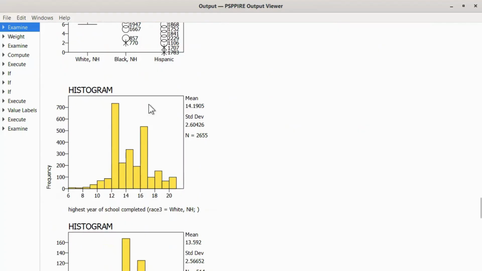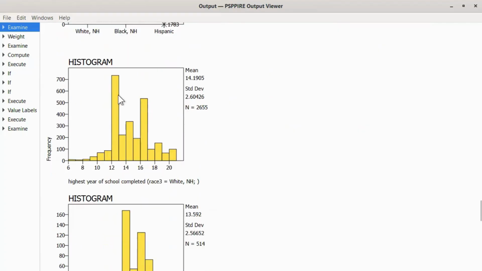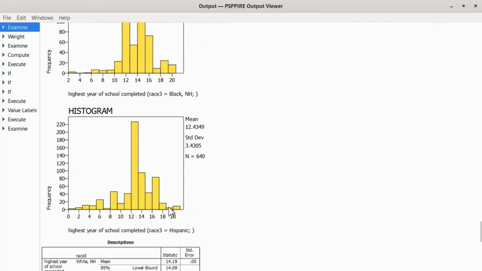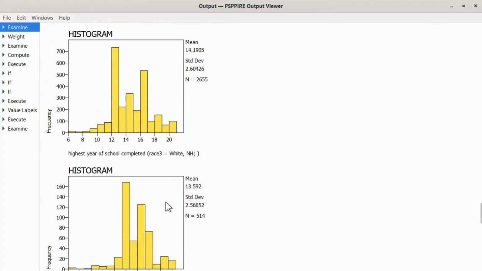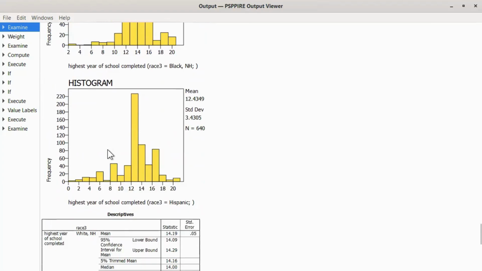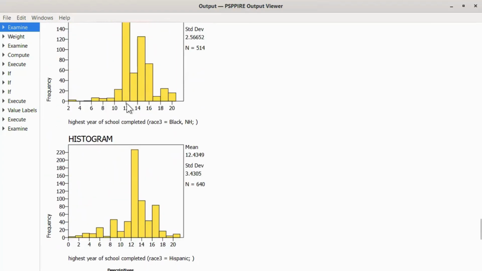Then we scroll down, and here are the histograms for white, black, and Hispanic. And if you notice, it's hard because the x-axis, they're not on the same scale. See, this one ends at 6, this starts at 2. But we can see here that some of these are kind of right-tailed.